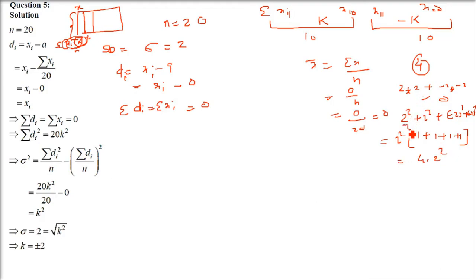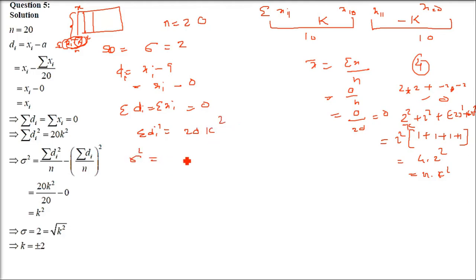So n into k square will come if you add all this, because the negative term has now finished. We have squared it. So this is going to be 20 times k square. That is n into k square. So 20 items are there, all are k. Since minus k becomes plus k because we have squared it, it will be 20k square.